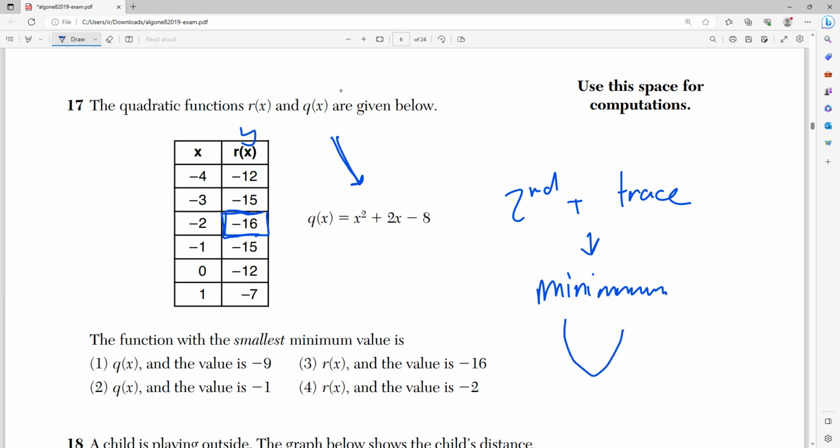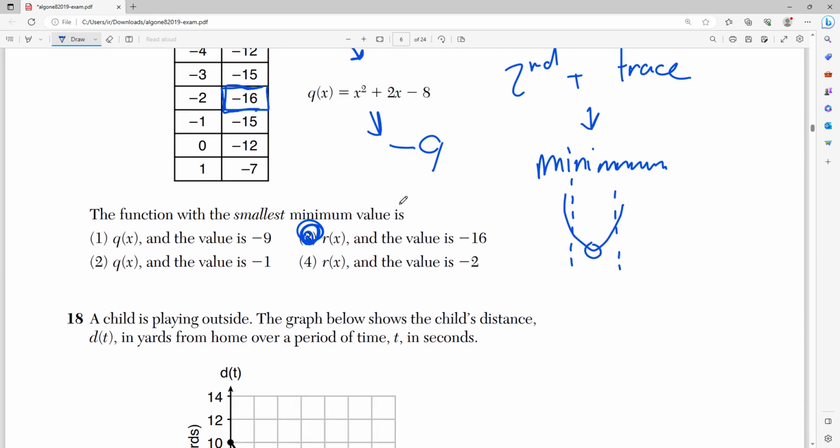Whenever it says left and right bound, just make sure that the vertex is between your left and your right bound. That's all. So once you do all of that, left bound, right bound, and then you guess, your minimum value for this is -9, right? So the answer is the smallest minimum value is r of x, and the minimum value is -16. There. That's how you do it.